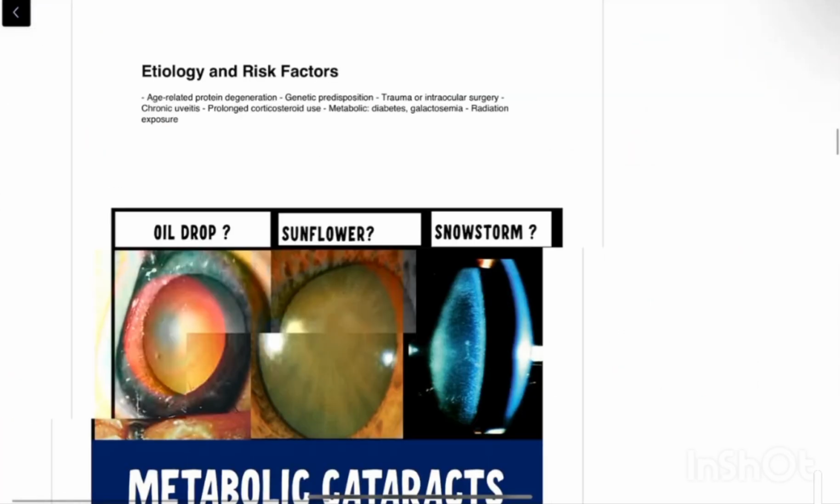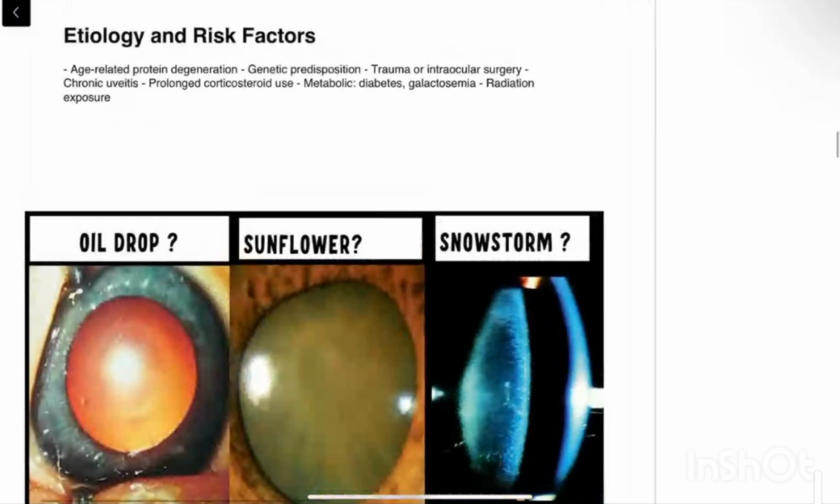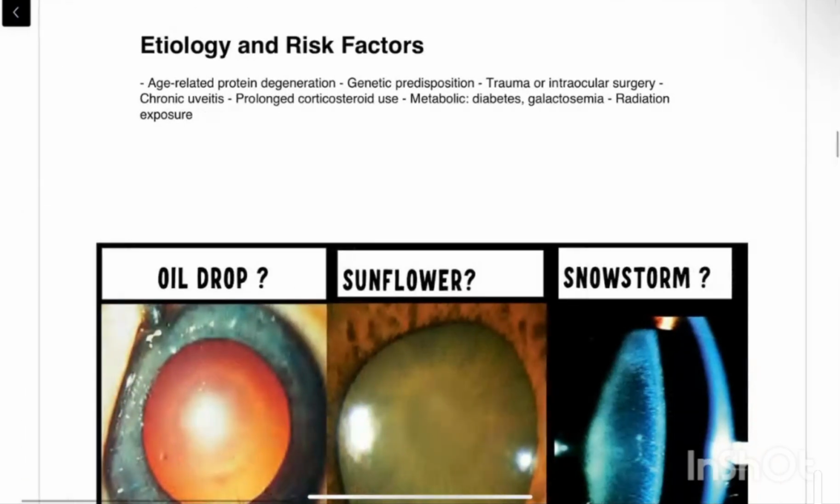After this, coming to the etiology and risk factors of cataract. So what is the etiology, why does this cataract actually happen, and what are the risk factors that will lead to development of this cataract? So the main cause is age related protein degeneration. Okay, so as we all know, the lens is made up of protein. Whatever proteins are there, they should be manufactured in a proper way and be of proper composition.